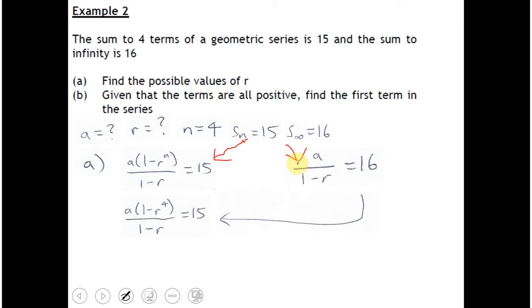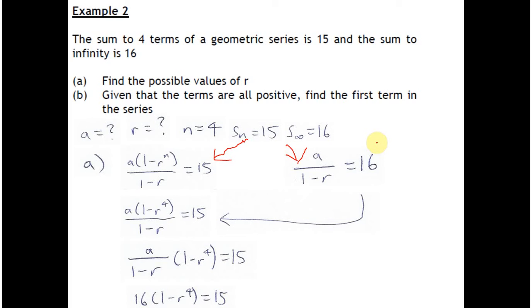Now we're able to substitute the a over 1 minus r equals 16 into that left-hand side equation. As we could rearrange the left-hand side of the equation into a over 1 minus r times 1 minus r to the 4 is equal to 15. So we can replace the a over 1 minus r at the front with 16.